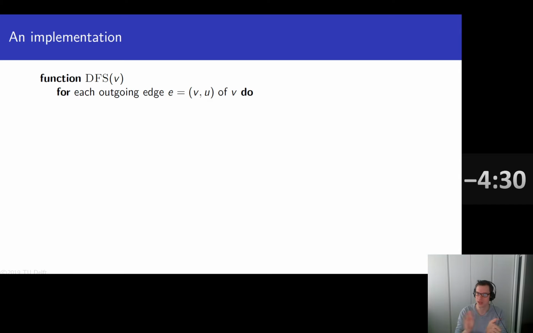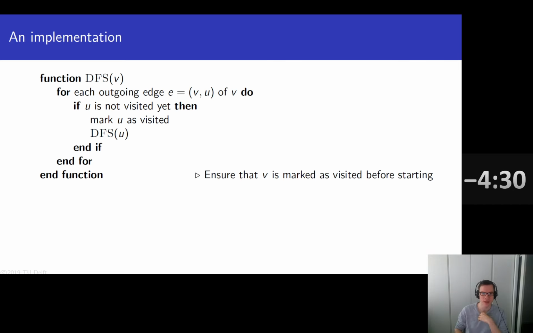All of the different edges leaving this vertex. If they lead to somewhere we haven't been before, in other words, if there's no paint on the floor, right? If it's something we haven't explored yet, then we go there, we mark it as visited, and we do a recursive call from U.